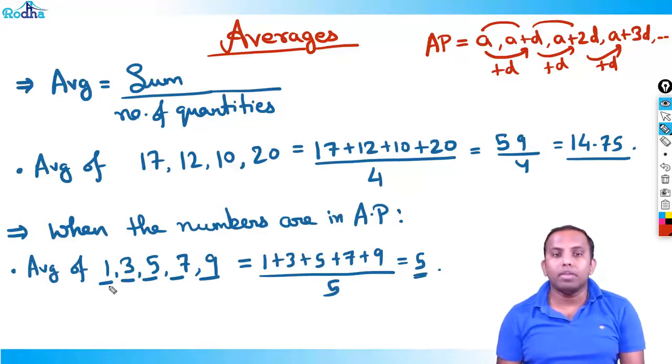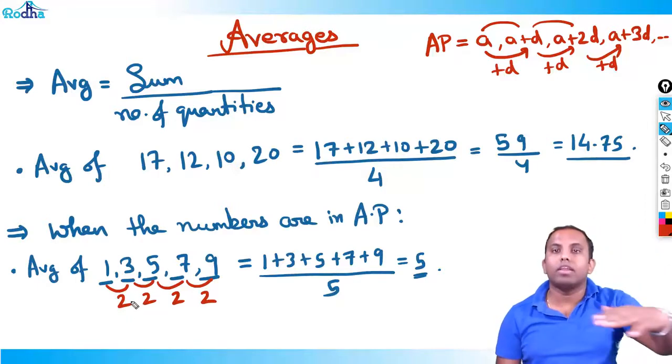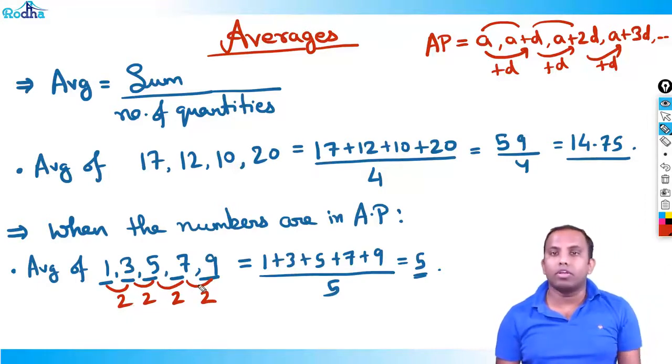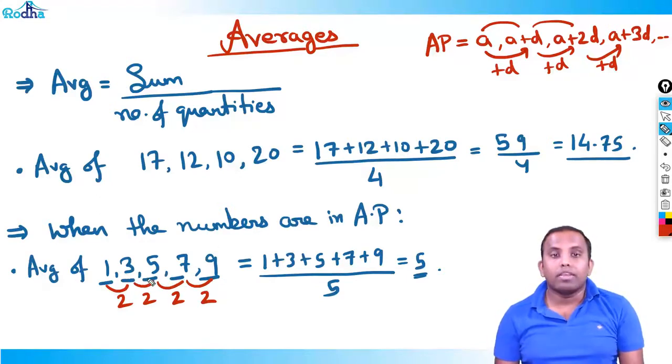So here also it is AP because the difference is 2. The difference between any two consecutive terms is 2. This is AP. Okay. And it is always in increasing or decreasing order, right? So 1, 3, 5, 7, 9. So this is AP.